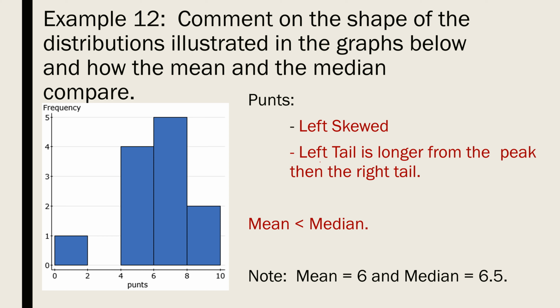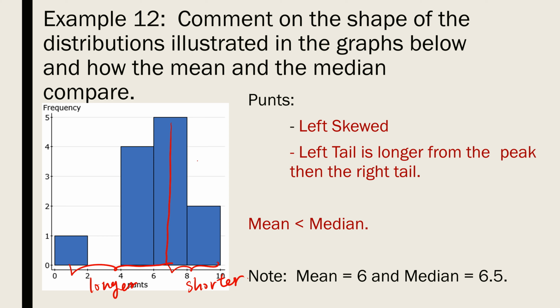If it's left skewed, the left tail is longer from the peak than the right tail. So this is the peak, right? And the distance between the left tail and the peak is this distance, and this one is longer than the distance between the right tail and the peak. This is shorter.